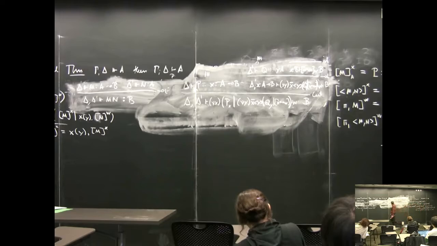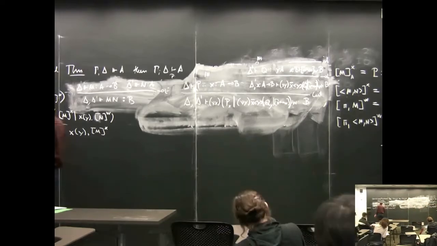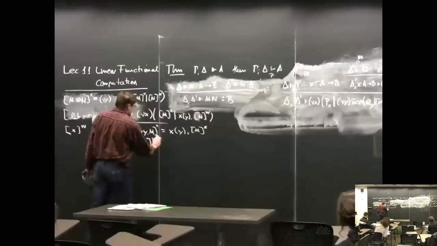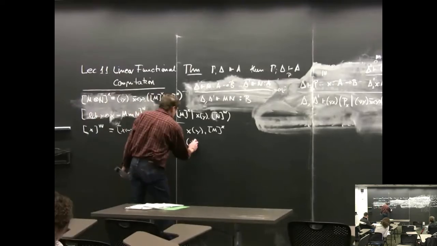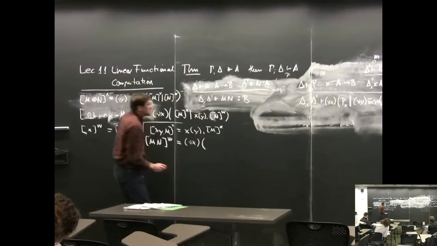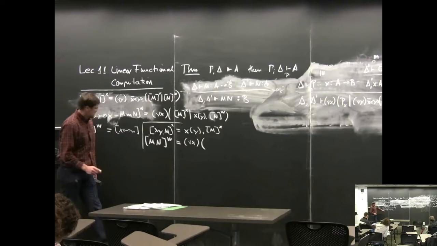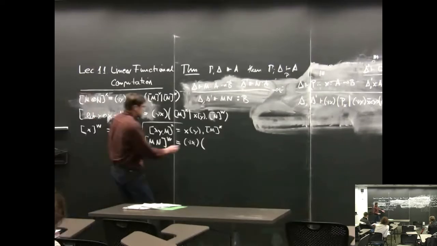So what does it mean for the translation here? The translation of m applied to n with respect to w is new x. What's the first thing? Is it m with respect to x? Yeah. Okay.